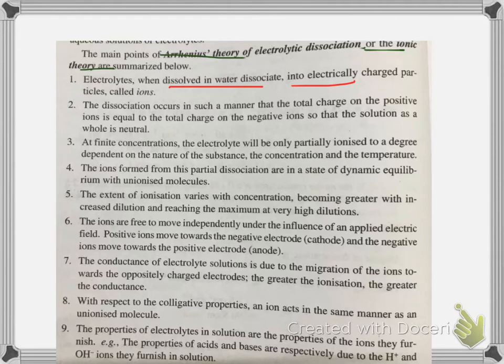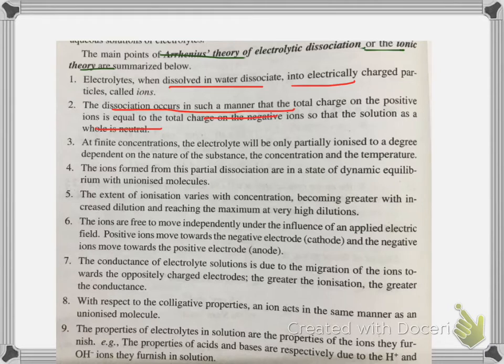Second one, the dissociation of a compound occurs in such a manner that the total charge on the positive ions is equal to the total charge on the negative ions. Then only the total charge of the electrolytic solution remains zero, or the solution becomes neutral. That's also correct in the case of NaCl.